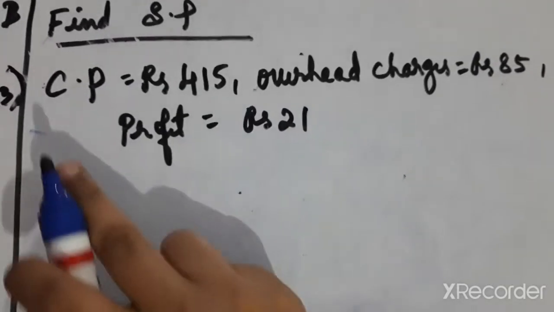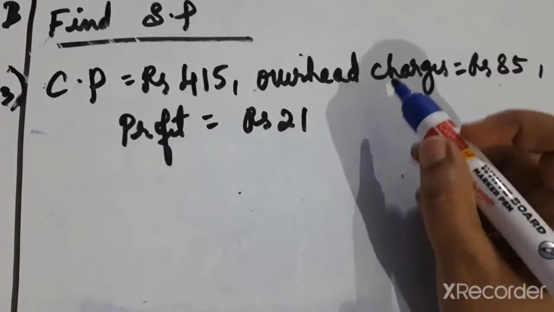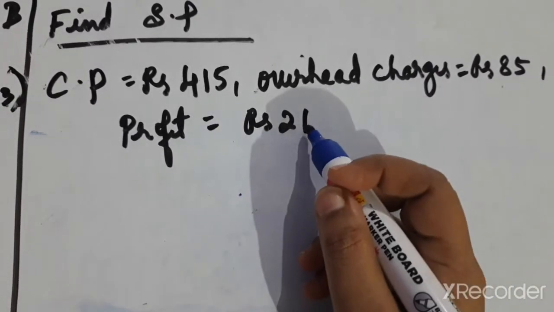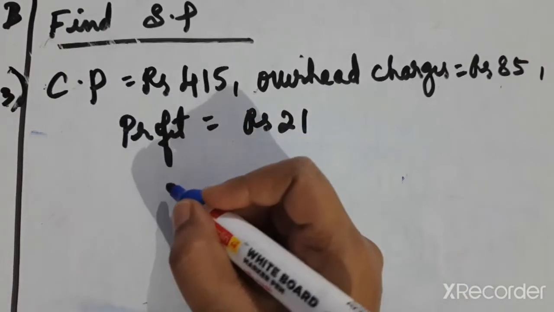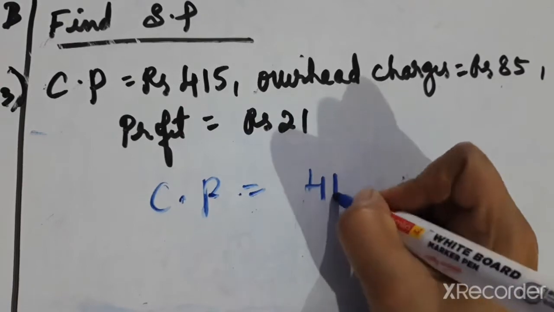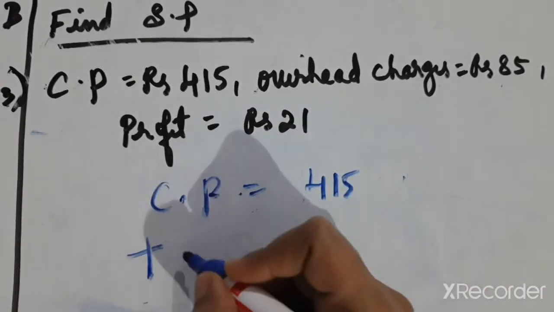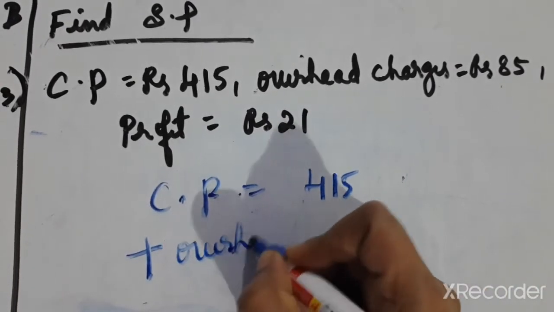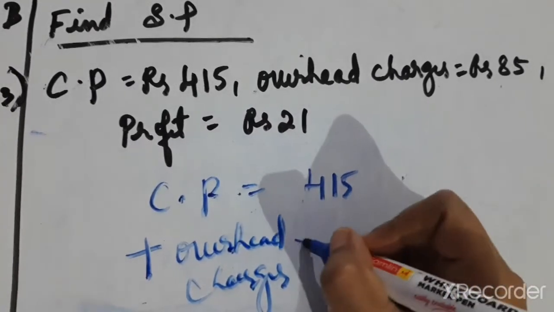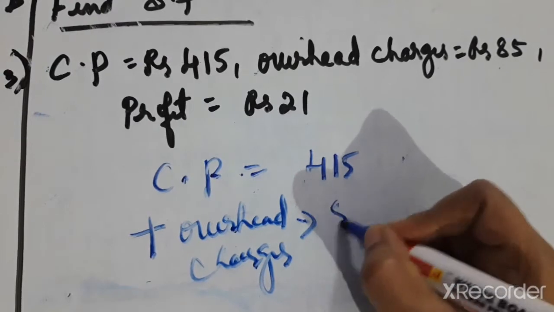Now third question, cost price is rupees 415, overhead charges is 85 and profit is 21 rupees. Find selling price. So cost price is now rupees 415 plus overhead charges. How much are the overhead charges? 85.